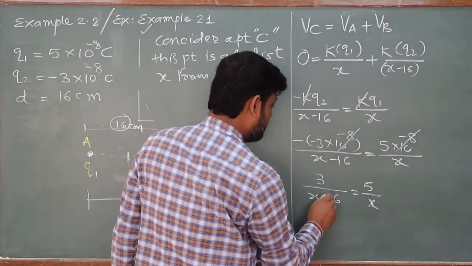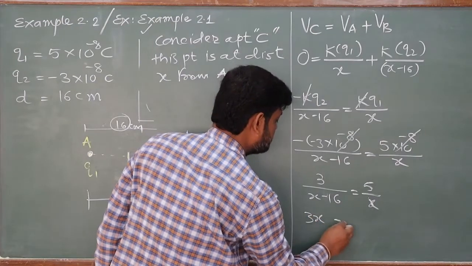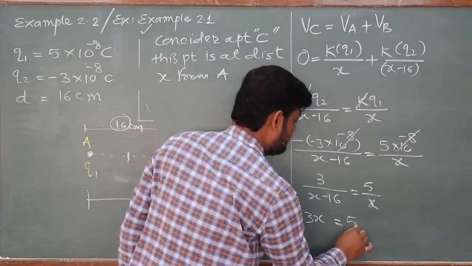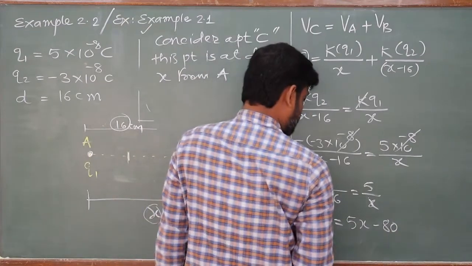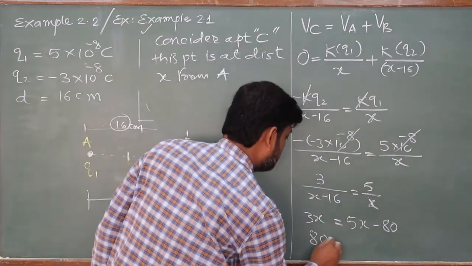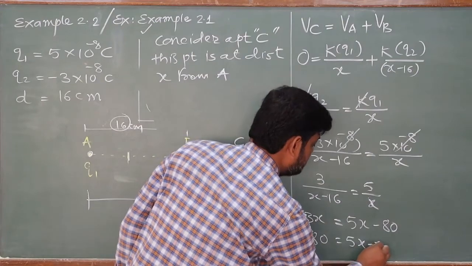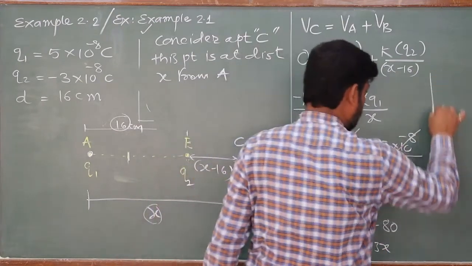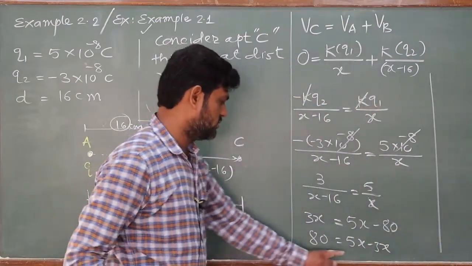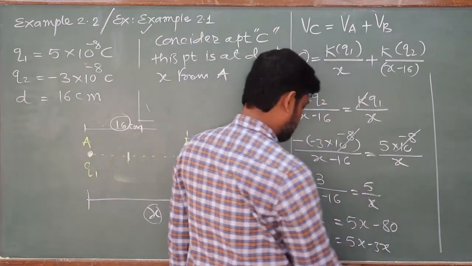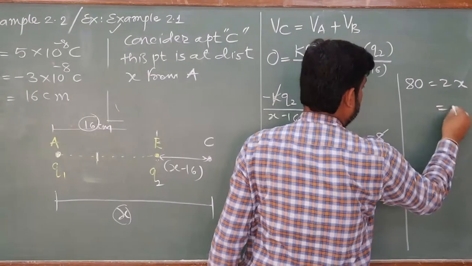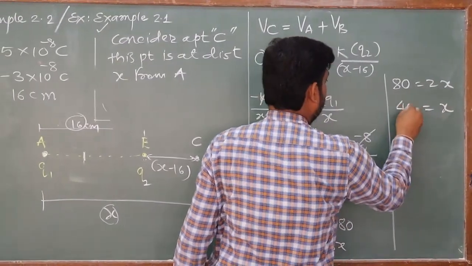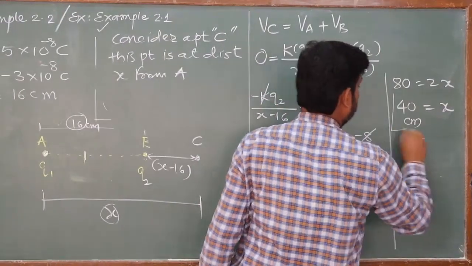So again we will write 3x equal to 5x minus 80, right? 80 equal to 5x minus 3x. So it becomes 2x. 5 minus 3, 80 equal to 2x. So x equal to 40 centimeters.